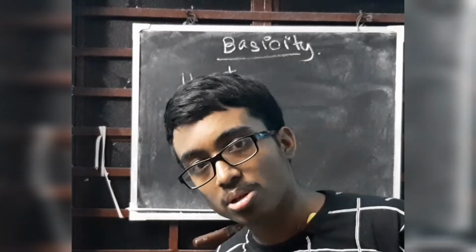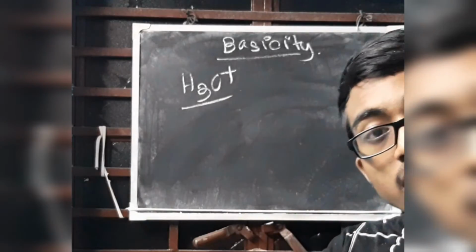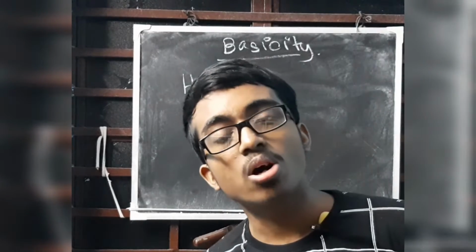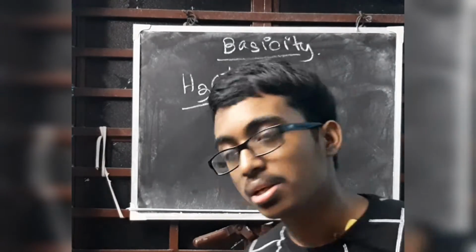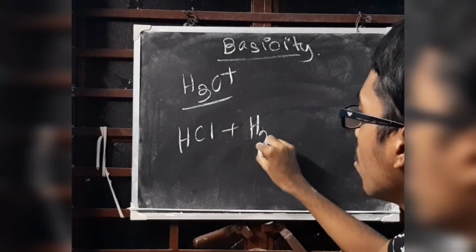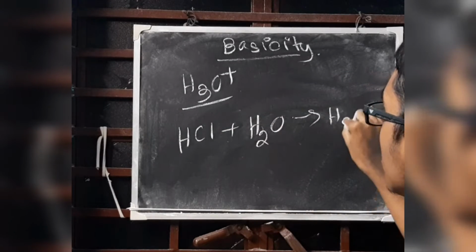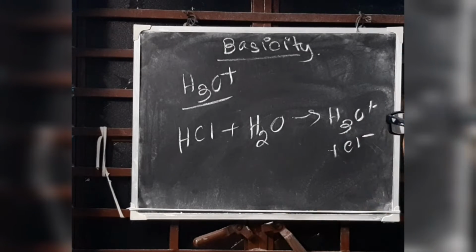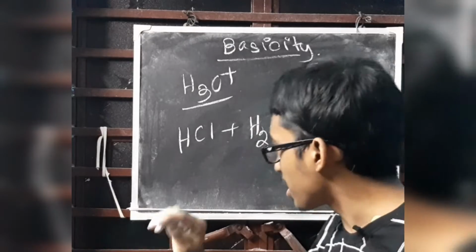How many H3O positive ions are produced per molecule ionization of an acid is called the basicity of an acid. Suppose HCl is there. HCl plus H2O forms H3O positive plus Cl negative.